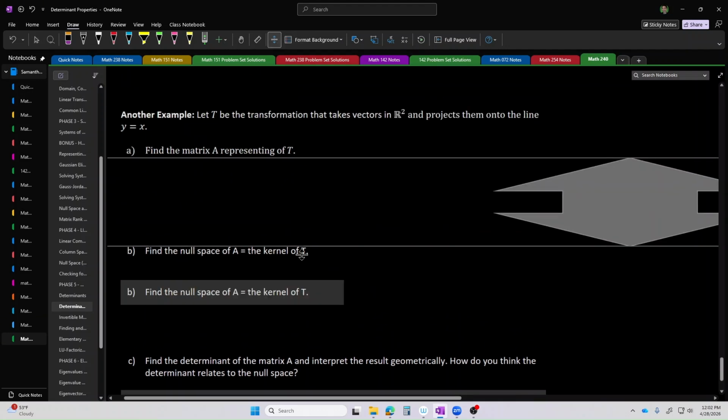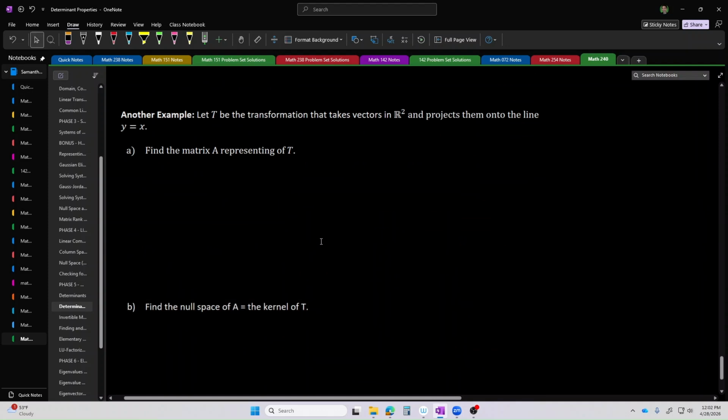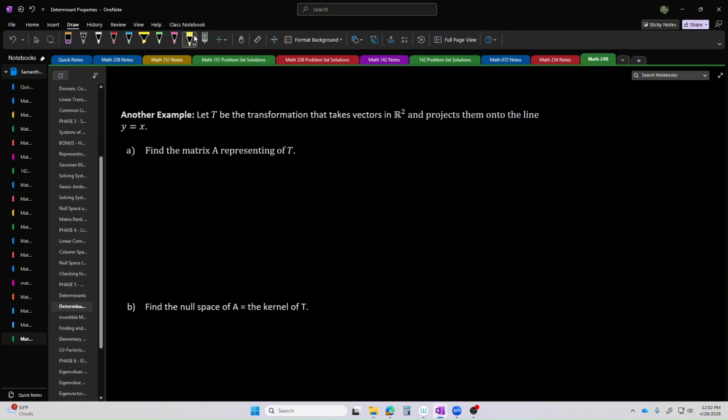So as always, when we try to find the matrix representing a transformation, the first thing that we do is apply that transformation to the standard basis vectors, because these outputs are going to form the first column of A and the second column of A, respectively.